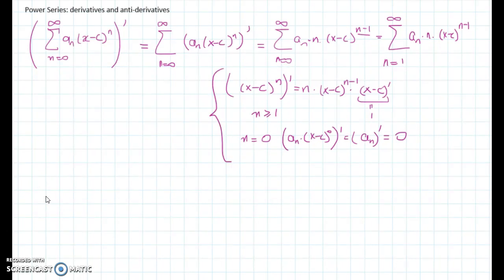So for this new power series, we would like to know what is the set of values of x where it converges. And what we can say is that the radius of convergence is the same as the one of the original series.